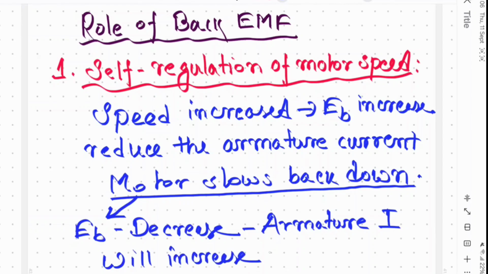So now the motor again speeds back up. When the speed is increased, EB also increases, then it reduces the armature current and the motor slows down. Again, when the motor slows down, EB decreases, the armature current increases, and the motor again speeds up. So this is one cycle, which is called self-regulation of motor speed.